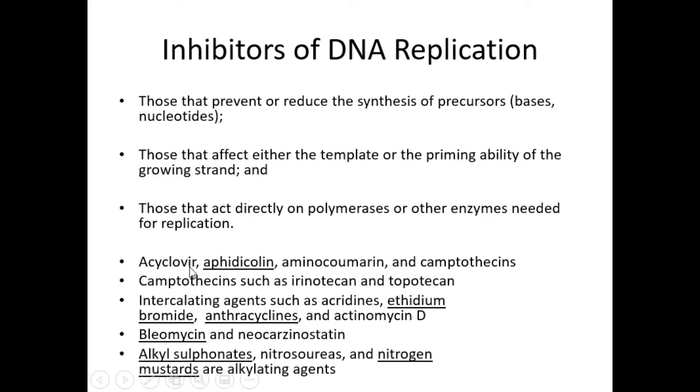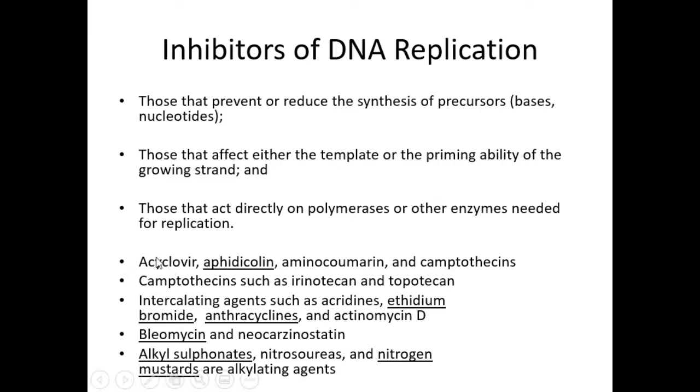So we have drugs like acyclovir, acetylcholine, aminocoumarine, right? These drugs inhibit the DNA polymerase activity. For example, acyclovir can inhibit the DNA polymerase of the HSV, the herpes simplex virus.